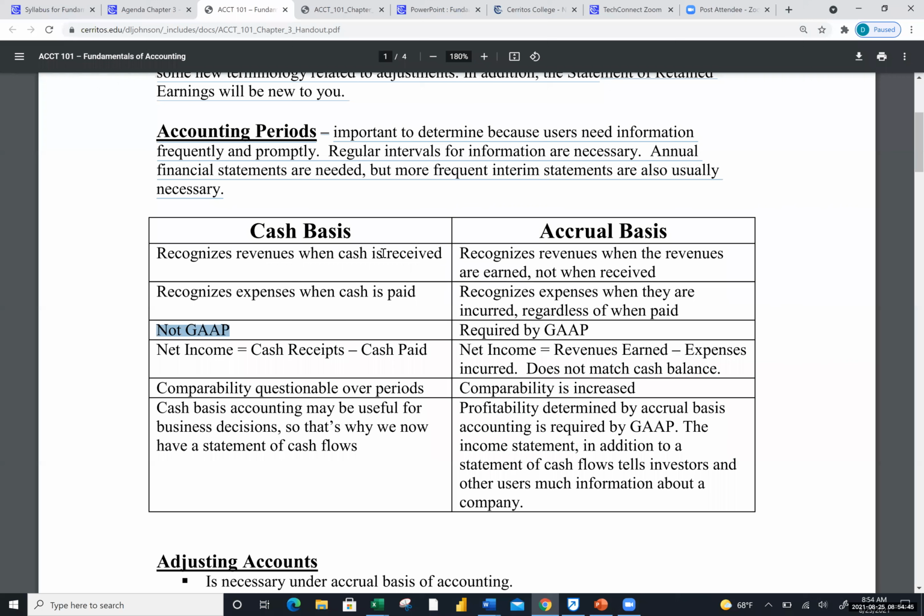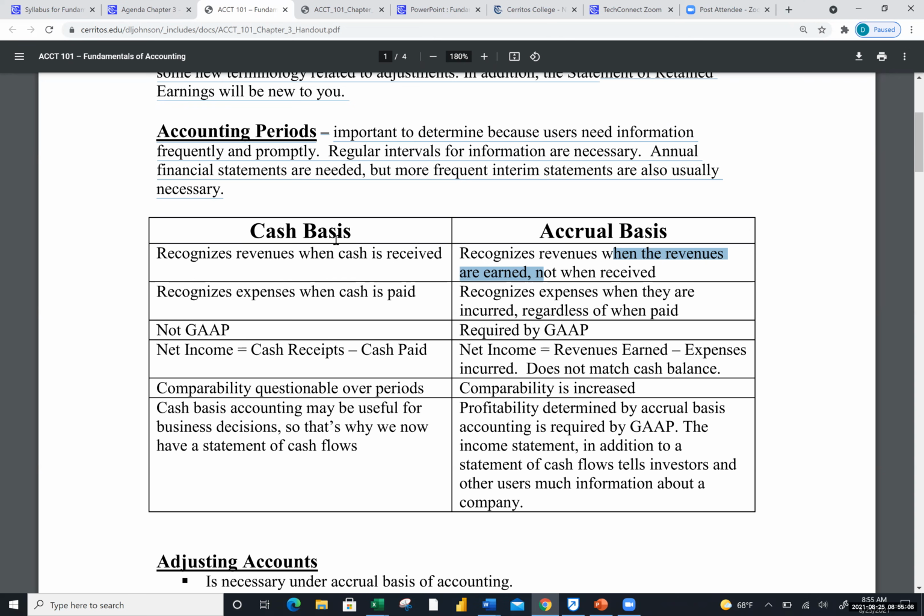So under the cash basis, they recognize revenue when cash is received, as opposed to when the revenues are earned. Okay, so we know from having a whole semester of Accounting 100 that we don't follow the cash basis. We follow the accrual basis of accounting, which falls in line with that matching principle.